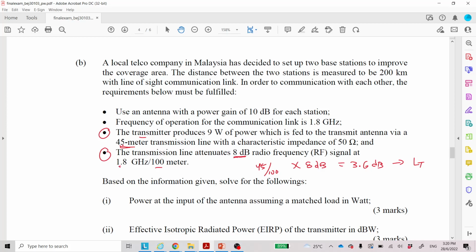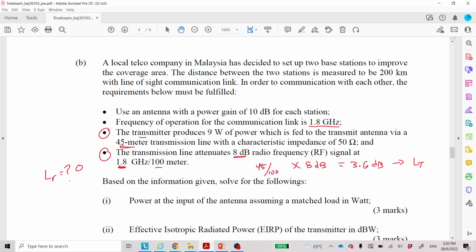The 1.8 GHz here is the frequency that we use. If you use other frequencies, the attenuation is going to be different. In this question, it is not specified how much LR is, so LR in these questions is actually 0.